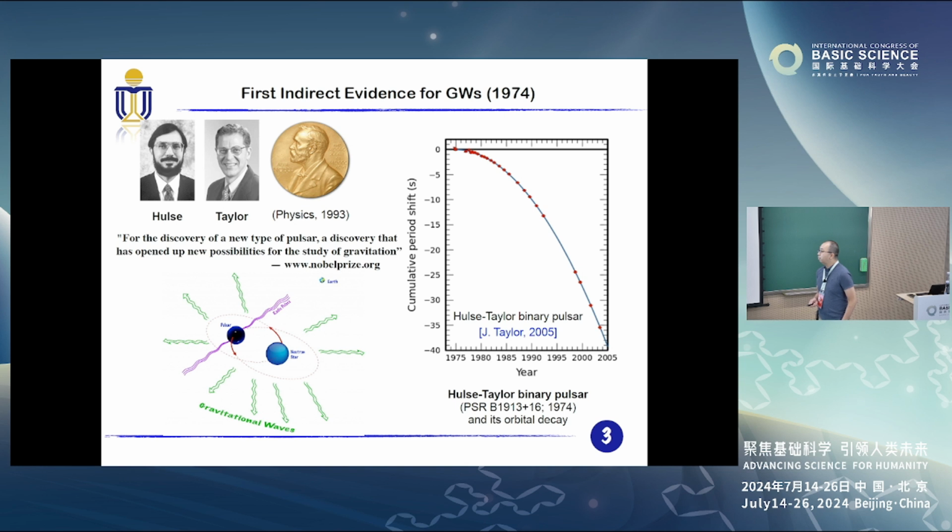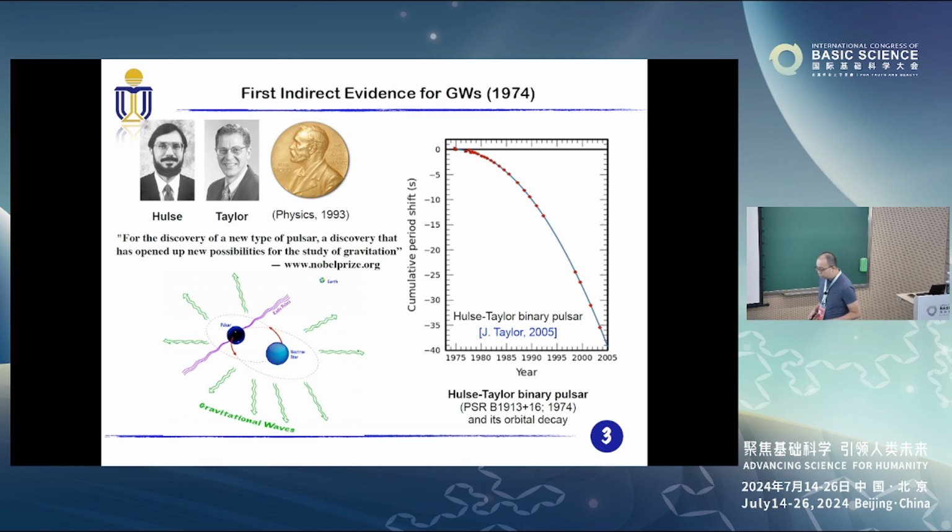Following this effort, in 1974, Hulse and Taylor discovered the first binary pulsar, with the companion being a white dwarf. By observing the orbital decay of this pulsar binary, they got the indirect evidence for gravitational waves.